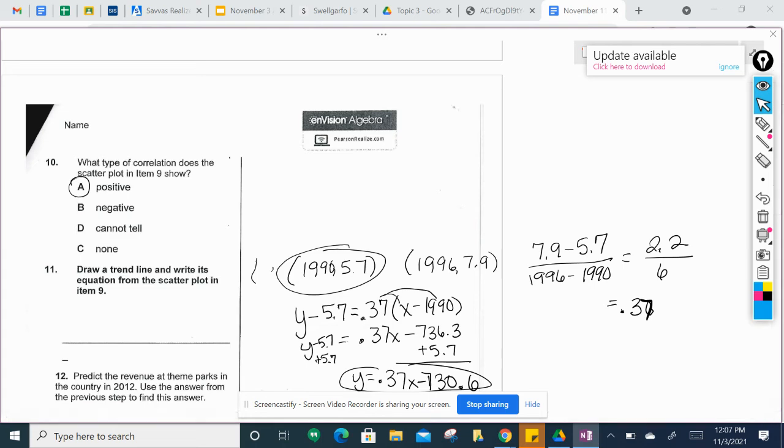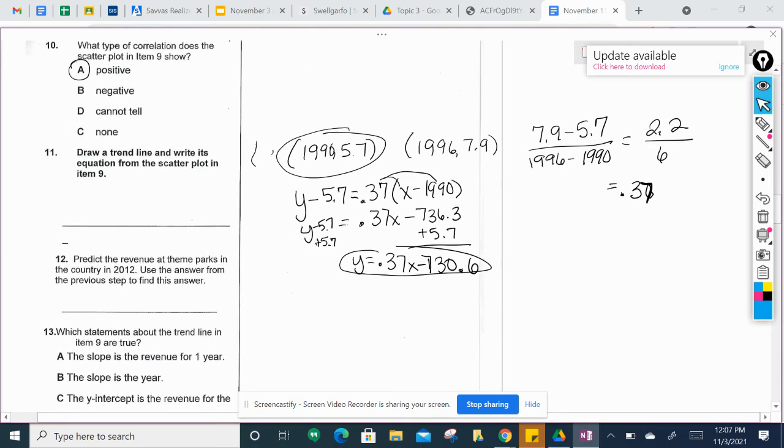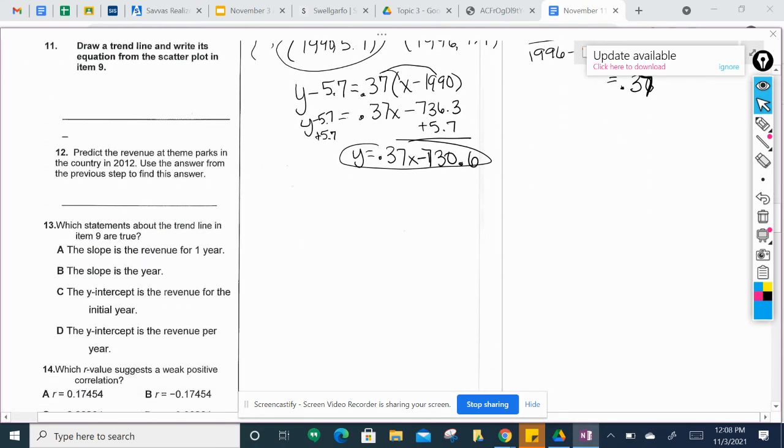All right, then question 12, it says predict the revenue at the theme park using my equation that I just wrote. That means even if you have a different equation, I want you to use your equation to answer question 12.